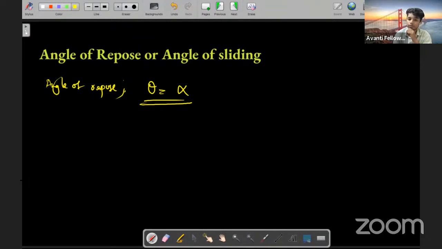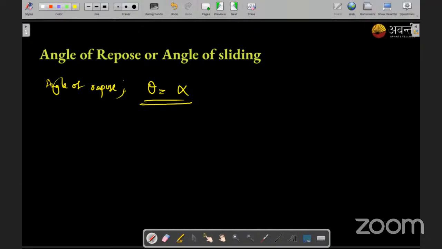Yes or no? So I'm increasing the theta, theta, theta. So there will be a point, that is alpha, where the body will slide. Yes or no, students? Let me know in the chat.